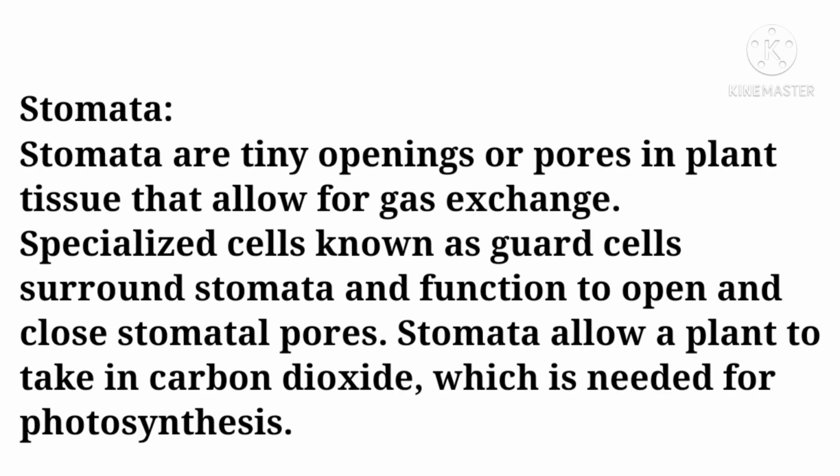Stomata are tiny openings or pores in plant tissue that allow for gas exchange. Specialized cells known as guard cells surround stomata and function to open and close stomatal pores. Stomata allow a plant to take in carbon dioxide, which is needed for photosynthesis.